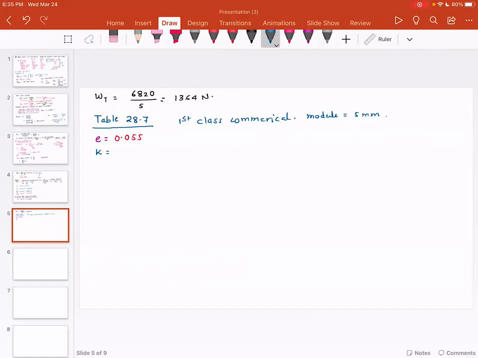K value is 0.107. These values are for spur gear.